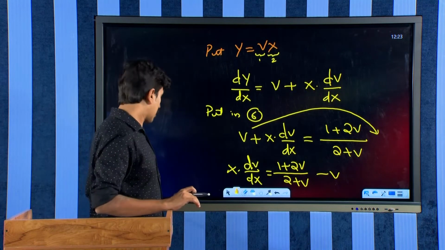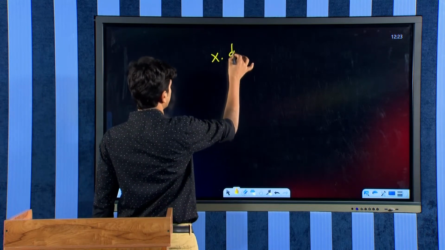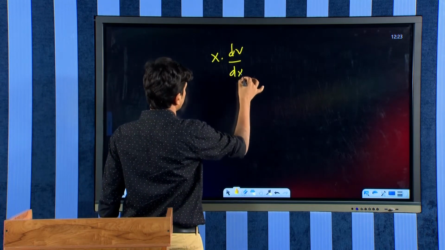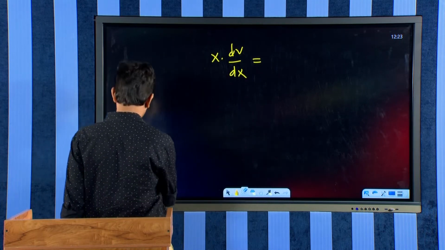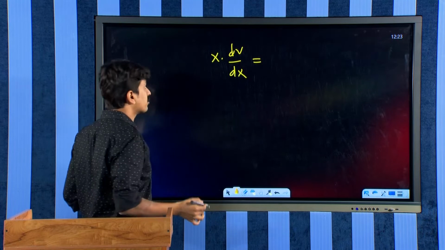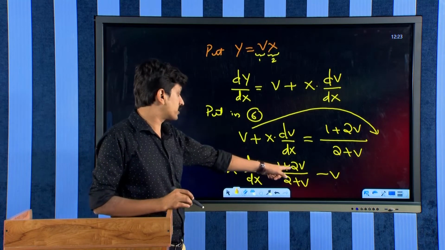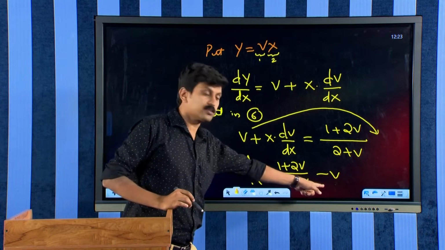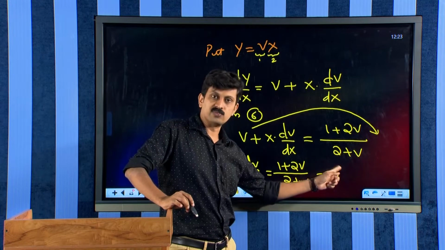So, x into dv by dx is equal to 1 plus 2v into 2 plus v, while multiplying, this is equal to minus 2v minus v square.